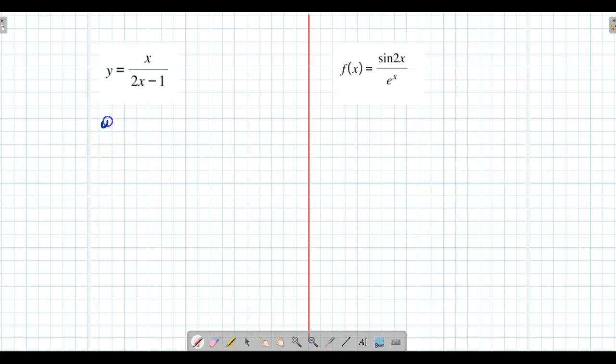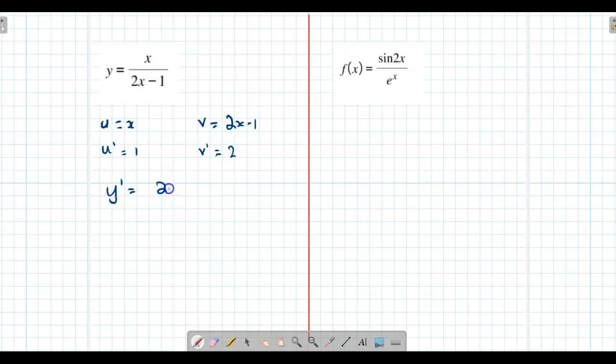So for this one, my u is x, and so u prime is 1, and my v is always the denominator, and that's going to be just 2, and then I do this one times this one, v times du by dx.